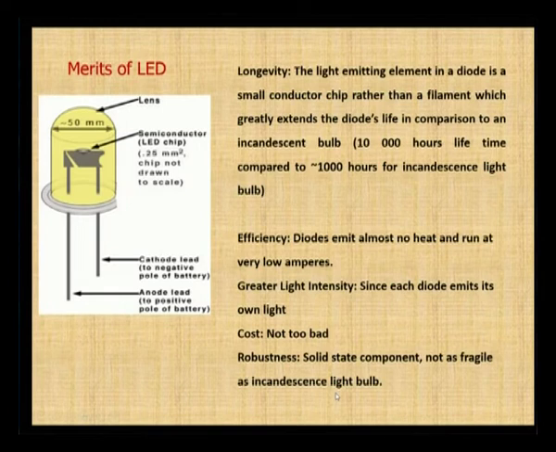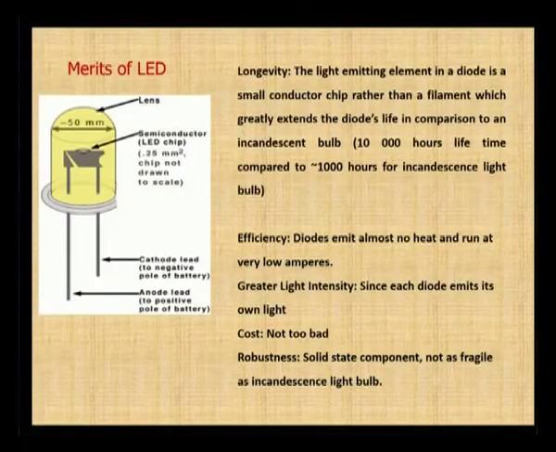Why is it long-lasting? The light emitting element in the diode is a small conductor chip rather than a filament, which greatly extends the diode's life. It is not like a filament bulb, which doesn't last for long. Here the light emitting material is a very small chip, and that chip will last long, and it also emits light of very high intensity.